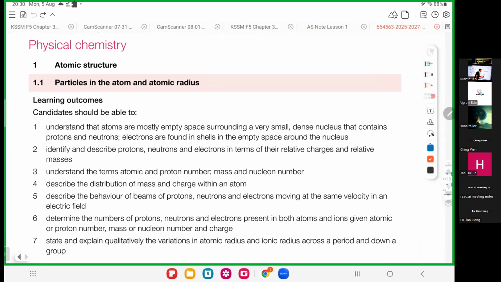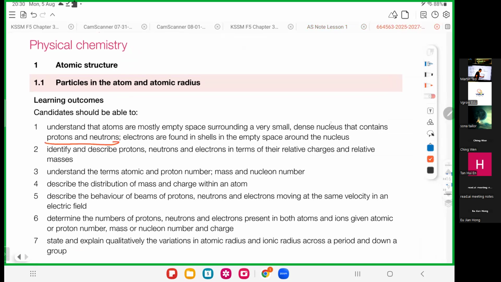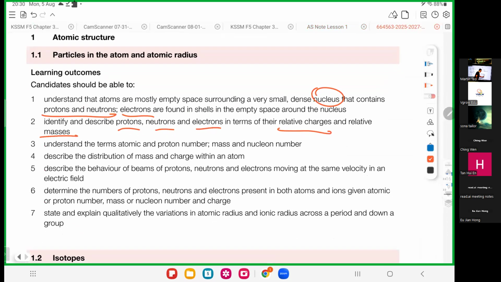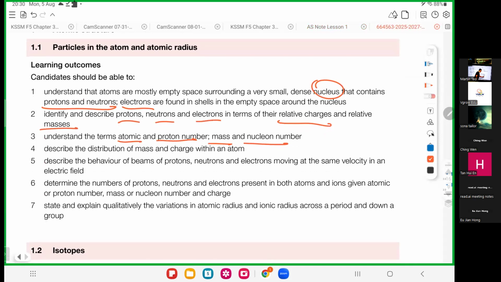They ask about protons and neutrons being in the nucleus and electrons in the shell. Protons, neutrons, electrons, what is the charge they have and what is the mass they have? What is atomic number, proton number, mass number, neutron number? Describe the distribution of the mass and the charge within an atom.